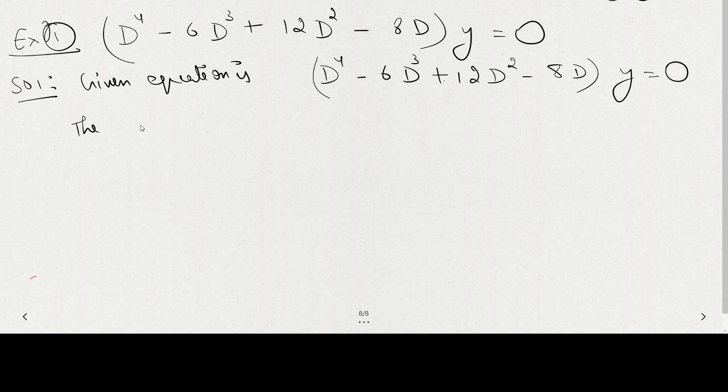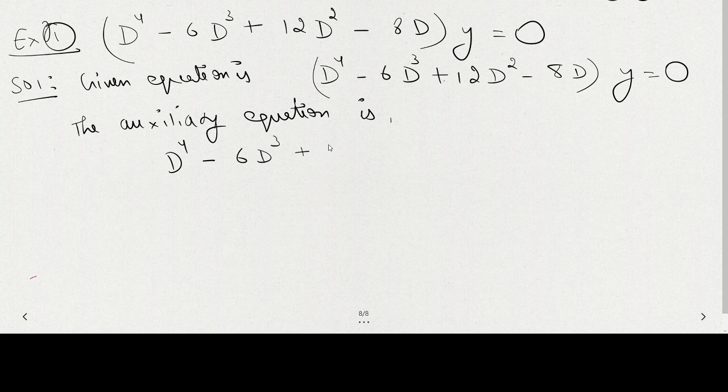Now, the auxiliary equation is D^4 - 6D^3 + 12D^2 - 8D = 0.